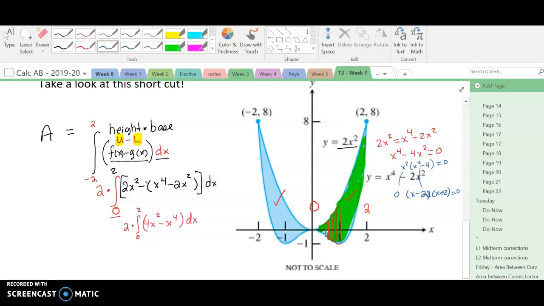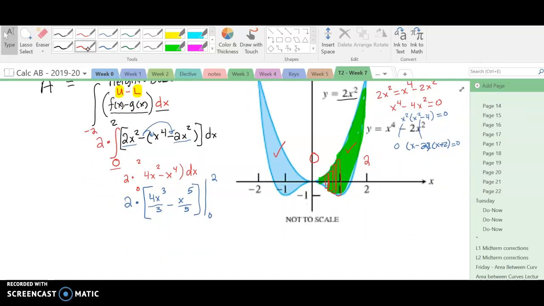I'll distribute this negative through to both terms, and then I'll combine my like terms. 2x squared and another 2x squared gives me 4x squared. Now I'll find my antiderivative. 4x cubed over 3 minus x to the 5th over 5. But now we can evaluate this from 0 to 2 instead of -2 to 2, and we're going to double the entire result.